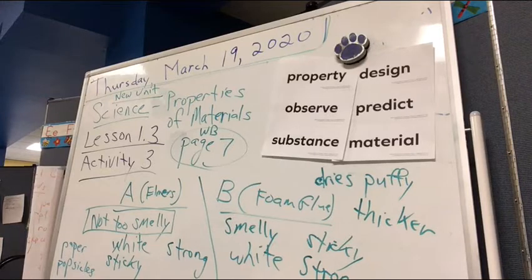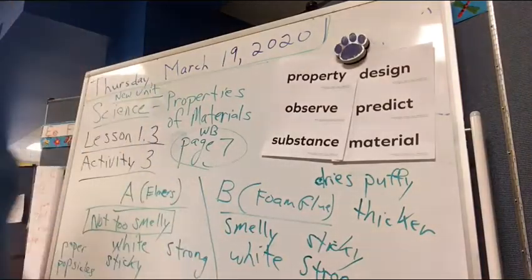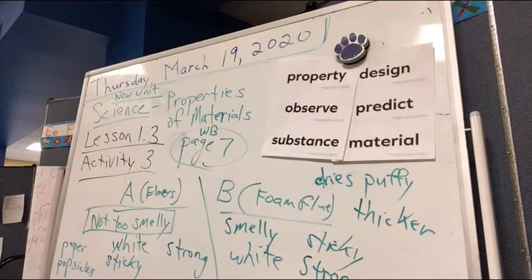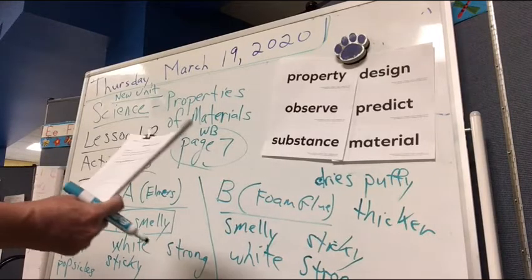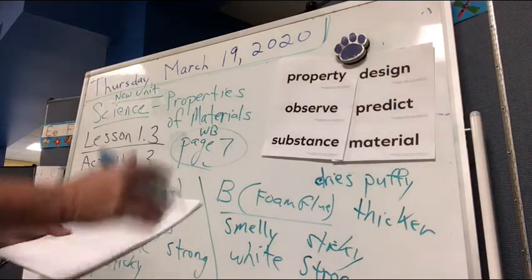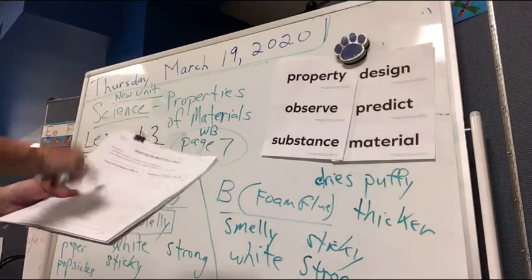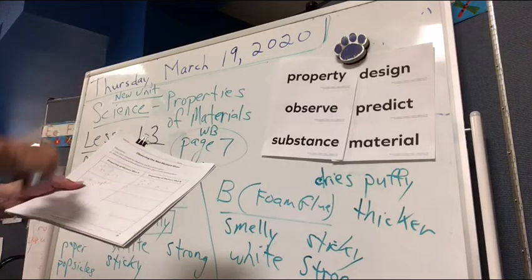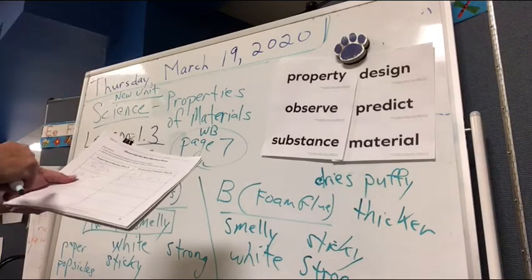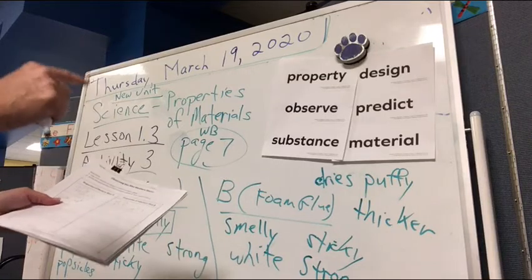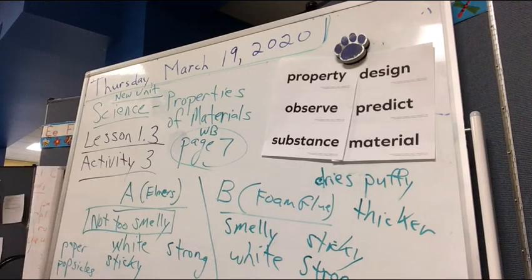So this is our wet observance. On page 7, we are filling in our wet mystery glues. So, glue A is not too smelly, white, sticky, strong, can stick paper or popsicles together, and other objects too.